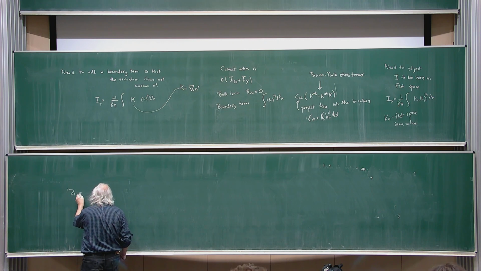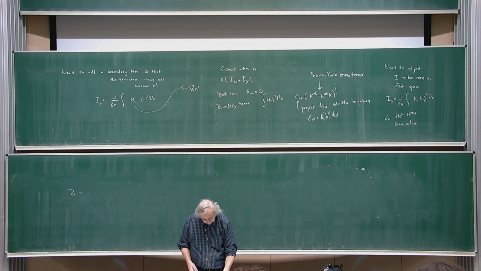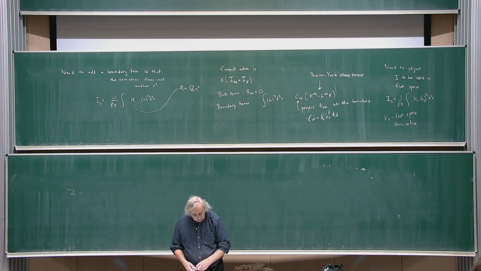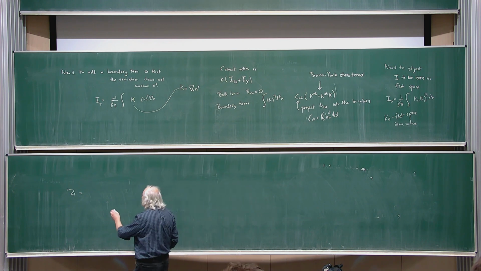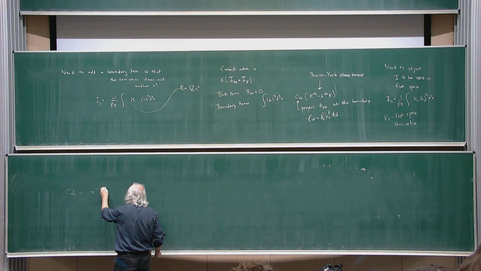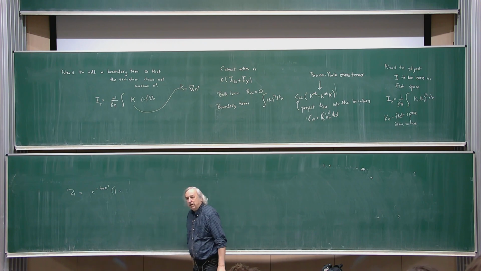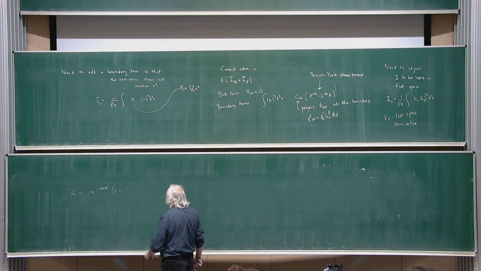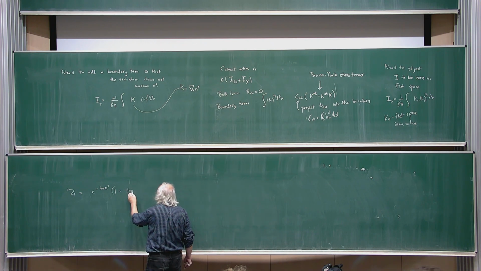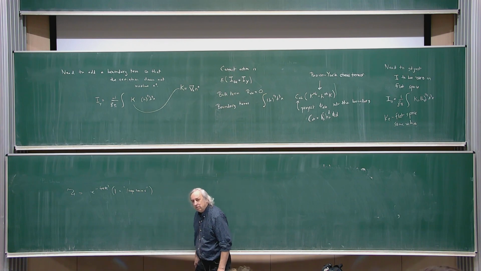Z is equal to e to the minus 4 pi m squared times 1 plus, I guess, loop terms if you wanted to calculate them, which of course, as we all know, doesn't make a whole lot of sense.